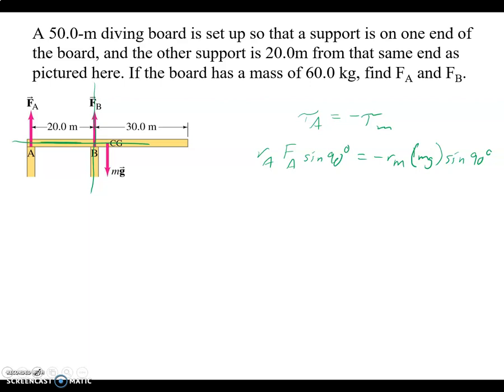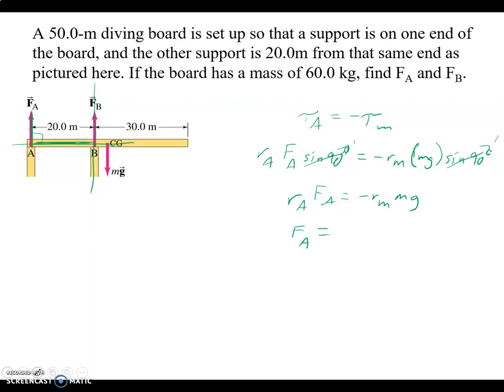Why? Well, here's my R. Here's my F. The angle between them is 90 degrees. And you'll find the same thing for the weight of the board. Sine of 90 degrees is just 1, so RA FA has to equal negative RM times mg.